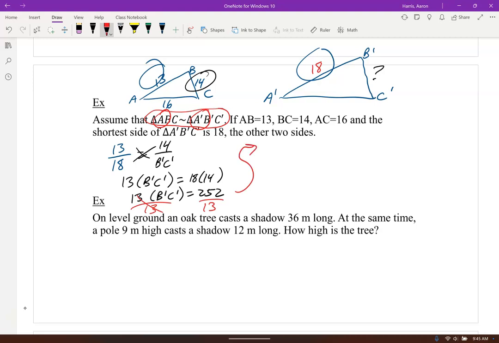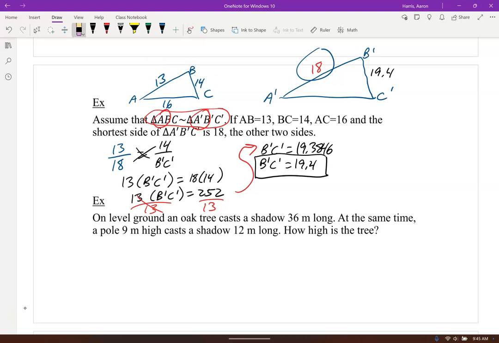So B prime, C prime must be 252 divided by 13, which is 19.3846. Let's round that to the nearest tenth, so 19.4. So let's erase this question mark. Now let's say that's got to be 19.4.